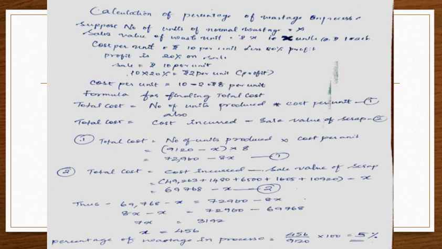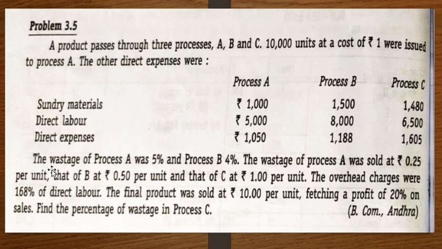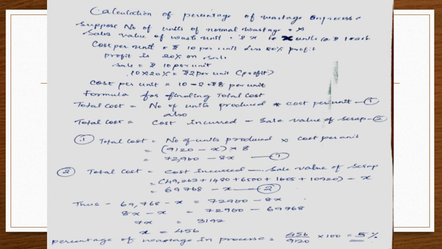In the problem they have asked to find the percentage of wastage in process C. We can easily find that after finding the normal loss units. As your normal loss units is 456, percentage of wastage in process C is 456 divided by 9,120.